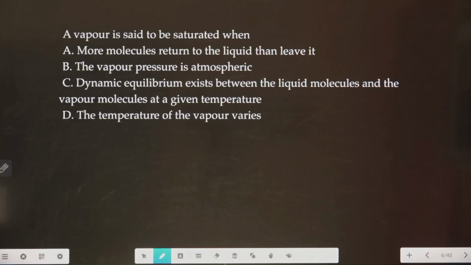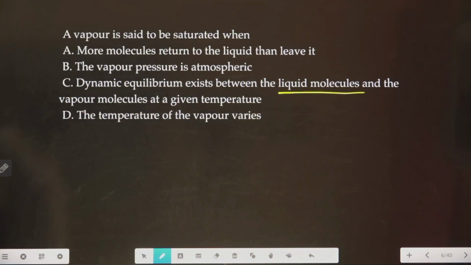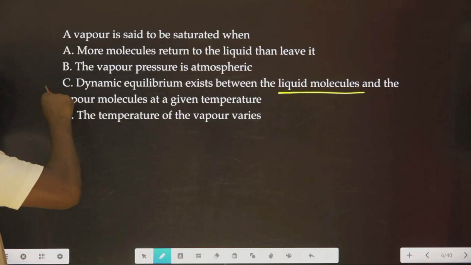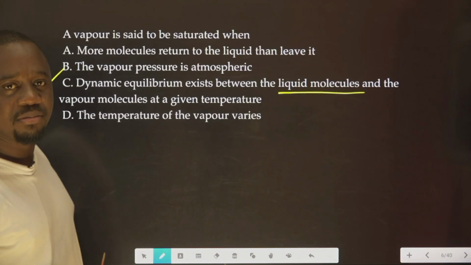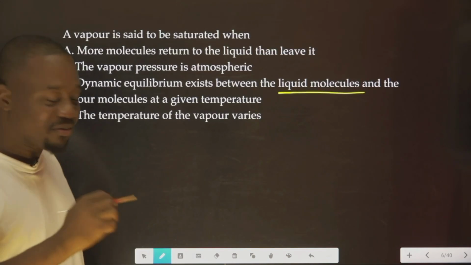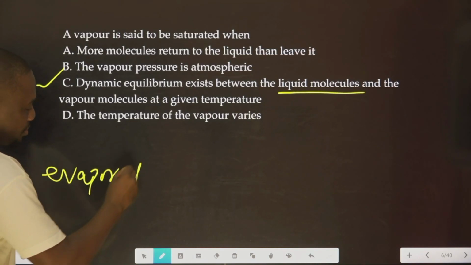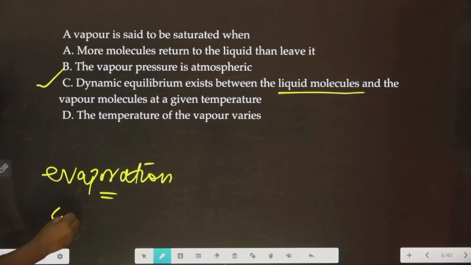Dynamic equilibrium exists between the liquid molecules and the vapor molecules at a given temperature. Very correct. C is the answer. What this means is the rate of evaporation is equal to the rate of condensation. That is, the rate of evaporation is equal to the rate of what? Condensation.